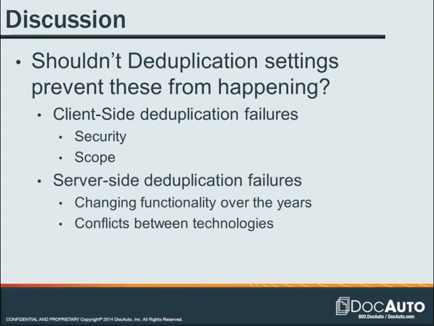Server-side settings have changed a lot over the years. Initially there was a reliance on message ID as the sole key factor for determining whether or not a particular message was a duplicate.